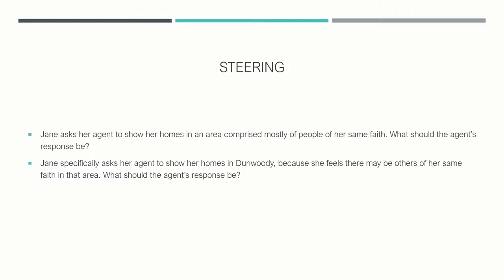There is a big difference in both of these scenarios in the sense that in the first example, Jane is asking us to steer her, really. She's giving us criteria that does infringe on fair housing, and she's asking us to locate property for her based on that, which we can't do. So our response to the first one should be, fair housing law does not allow us to locate property based on that criteria.